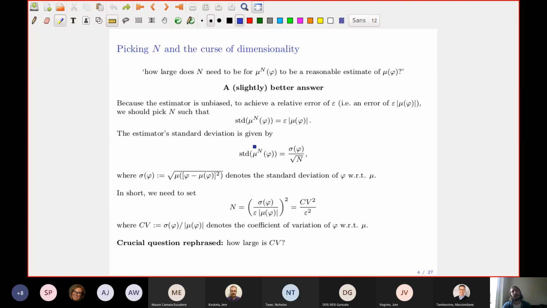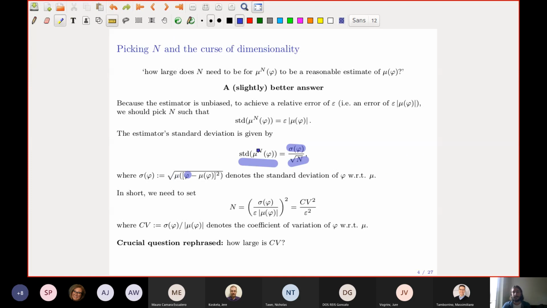And then you proceed by writing down the expressions for the standard deviation, which is inversely proportional to the square root of the number of samples, and the proportionality constant is just the standard deviation of phi with respect to mu.